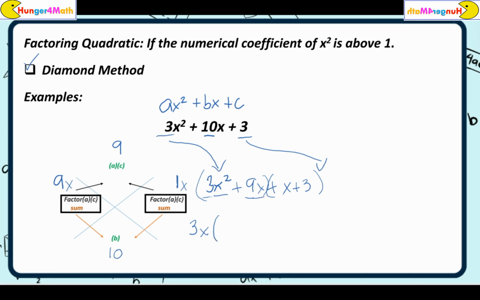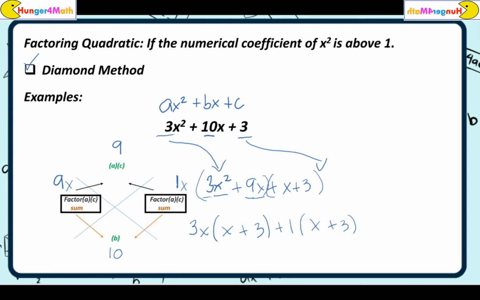Then let's divide. 3x squared divided by 3x is x. Then 9x divided by 3x is plus 3. And then on the second, which is x plus 3, we can factor out 1. So that will be plus 1. Then let's divide. X divided by 1 is x, and 3 divided by 1 is plus 3.